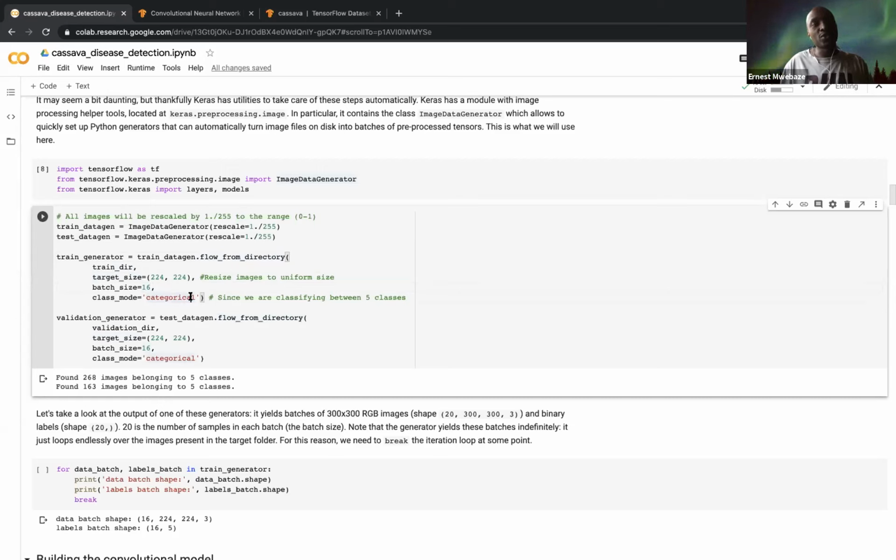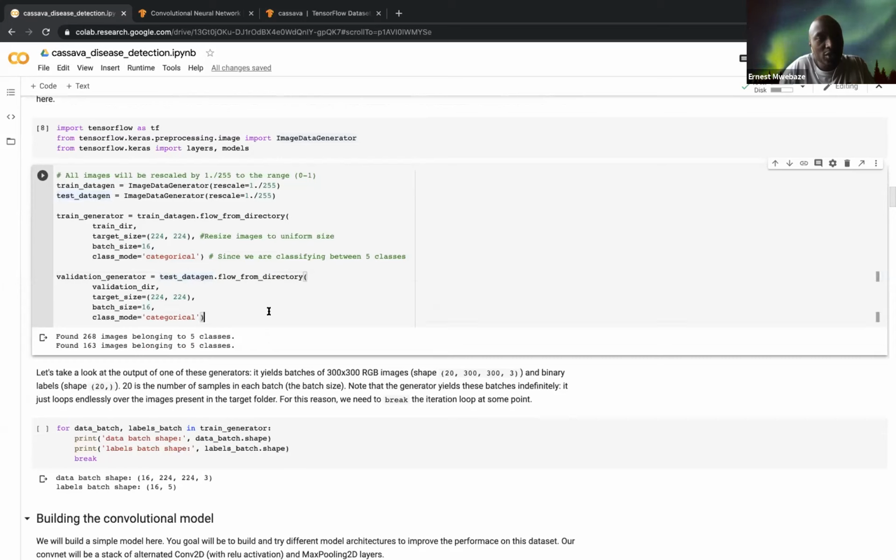In our case, we want to do a classification, so we'll use categorical as the mode. There are many more parameters that you can tweak in this image data generator. Okay, and then we want to do the same thing for the validation set. Once you've done that, it should return that it found X number of images of X number of classes.